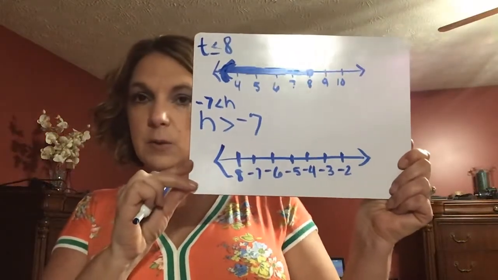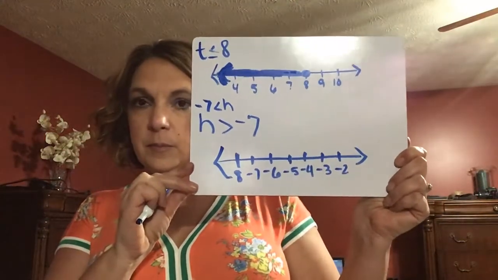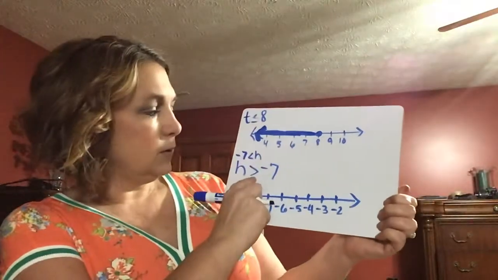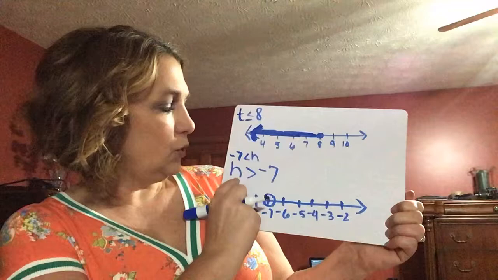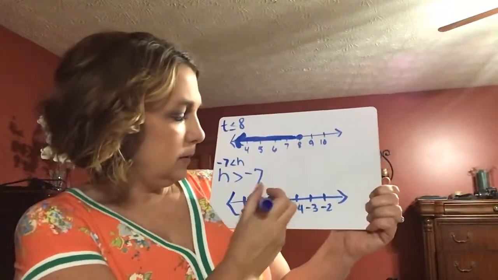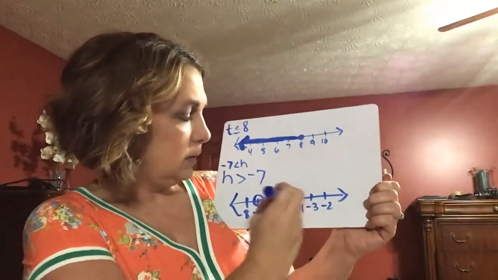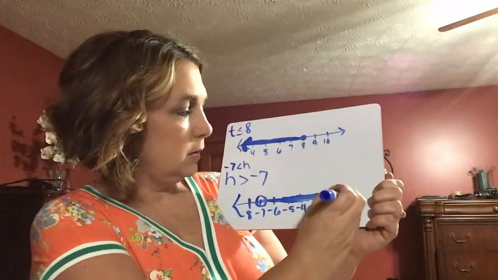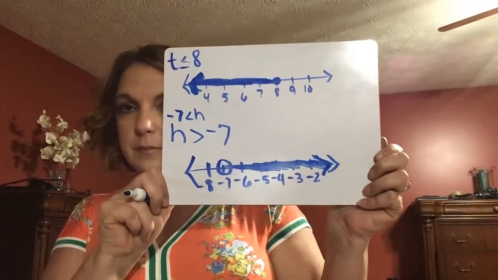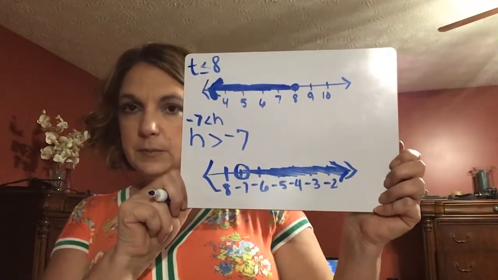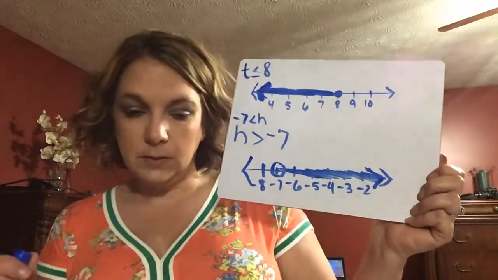That's something really important to remember as well. So negative 7. There's no line, so we're going to use an open circle. And h is greater, so it goes to the right. So there we go. It's not too difficult.